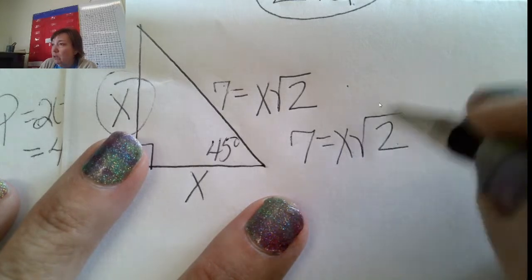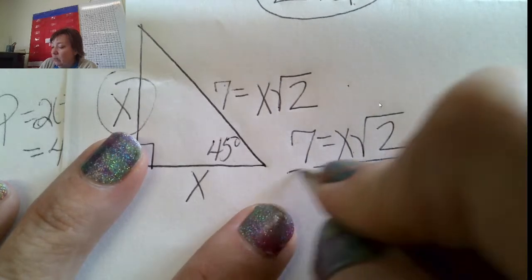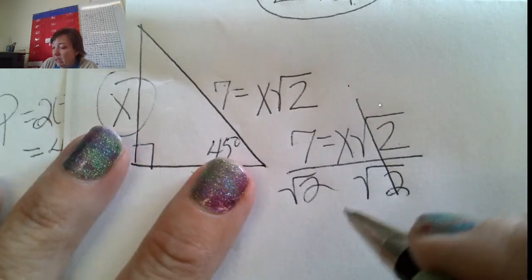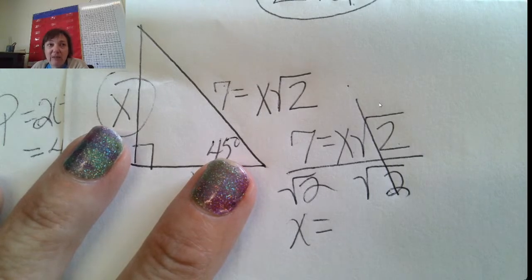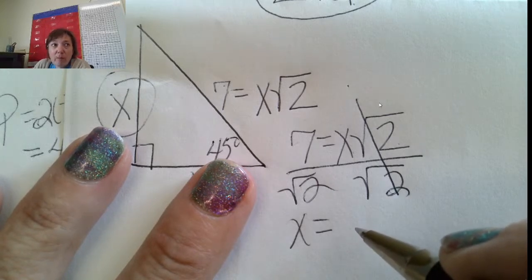So how do you unmultiply stuff? So we're going to divide by the square root of 2. Now, in this problem, because they said round to the nearest tenth, we can just plug in 7 divided by square root of 2 and round that. What is it? 4.9?